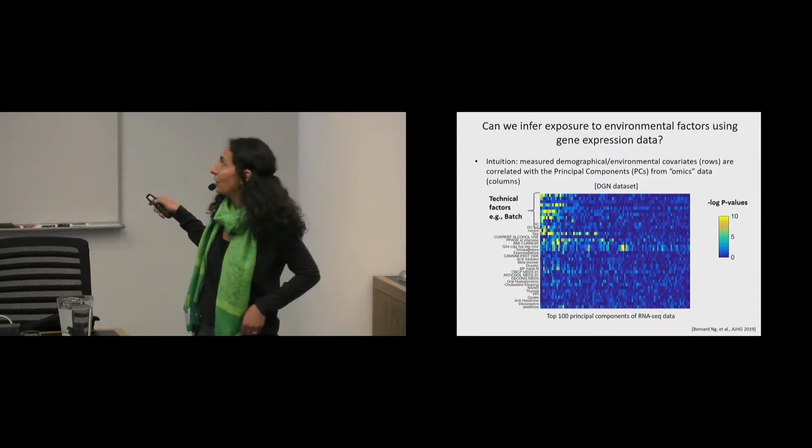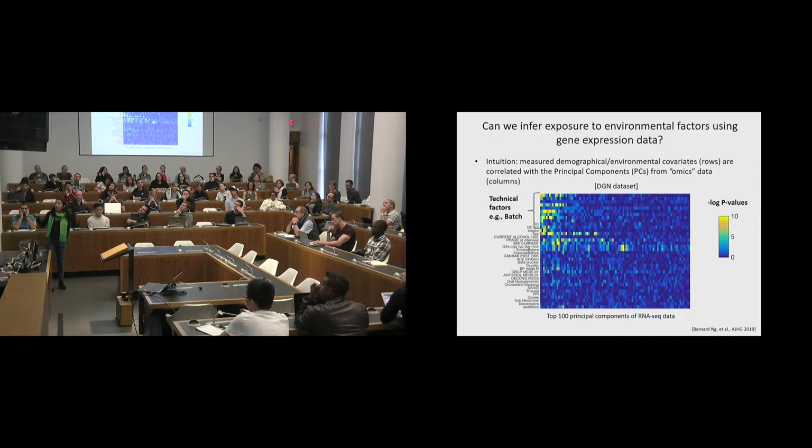That's what I'm showing you in this plot here. This was gene expression data from a large sample called DGN, which has about 1,000 individuals. I have done a PCA analysis where I have the top 100 PCs here sorted by the amount of variance they explain, and then correlate each of these PCs with a bunch of variables that we've measured on those individuals.